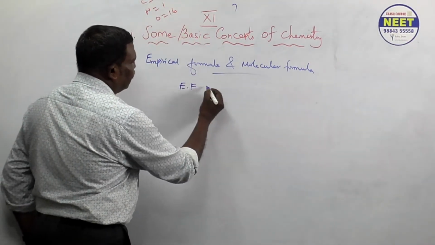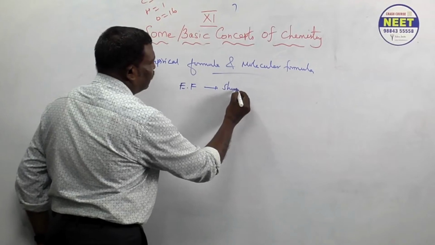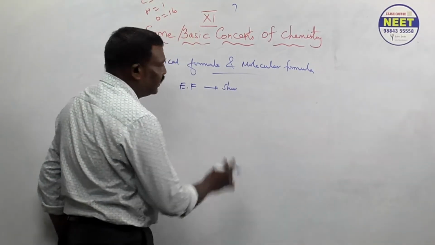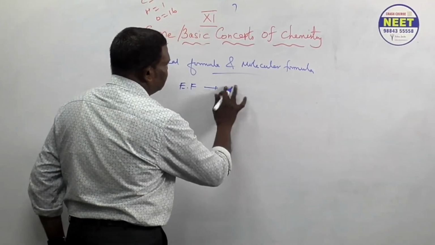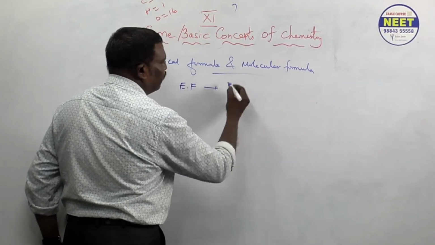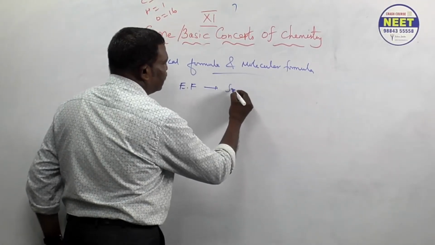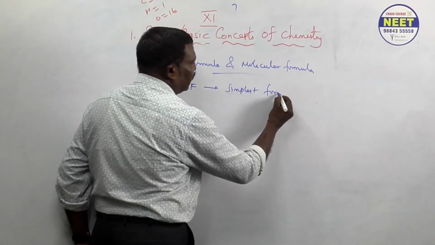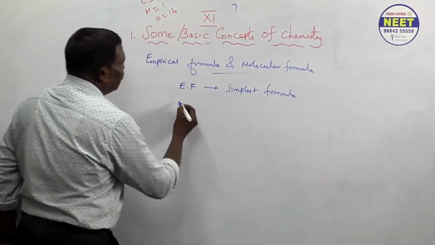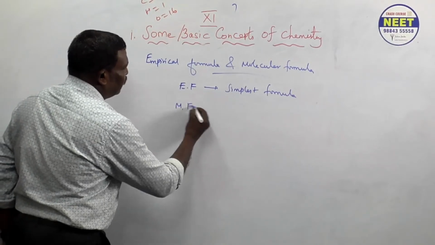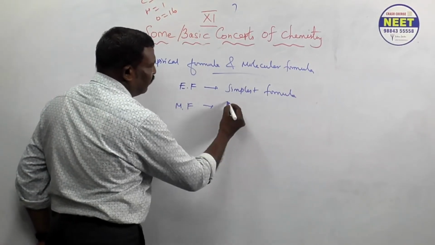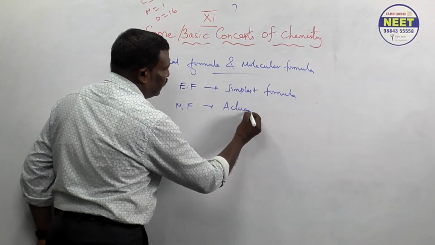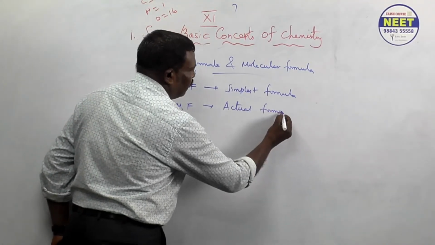Empirical formula is called the shortest formula or simplest formula for the compound. You can just write like that. You already studied. Molecular formula means the actual formula for the compound.